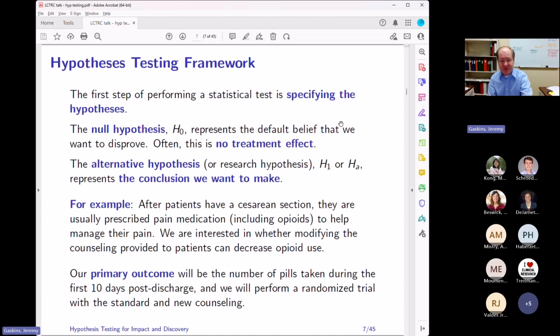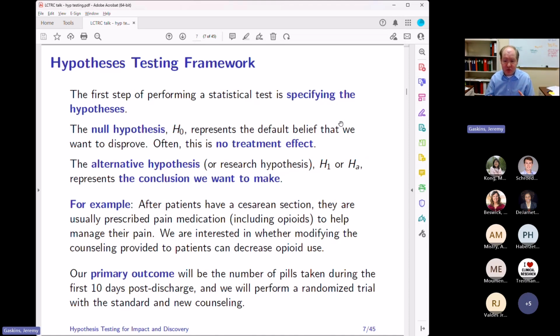So we'll illustrate this through an example that we did a while back with some OBGYN collaborators. After patients have a C-section, they're usually prescribed pain medication, and often those include opioids. They were interested in a new counseling framework to see whether that was going to decrease opioid use post C-section.